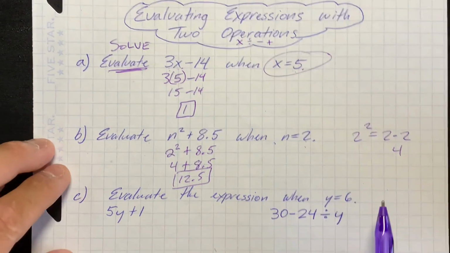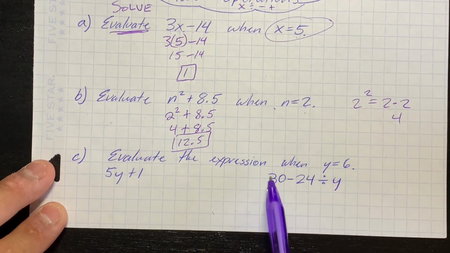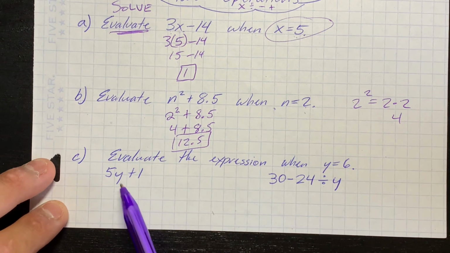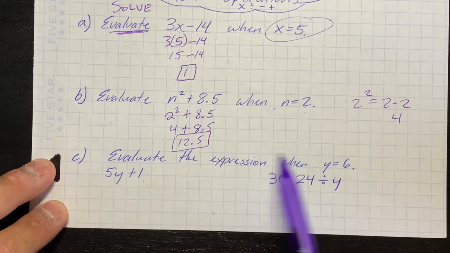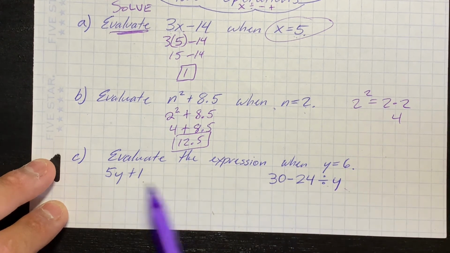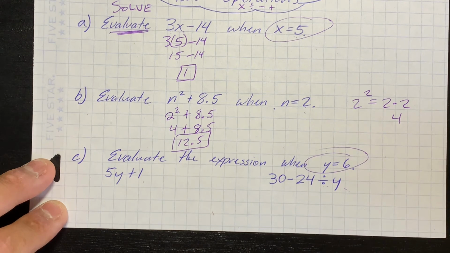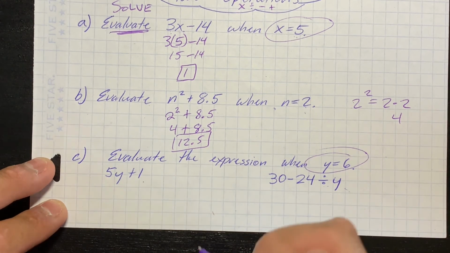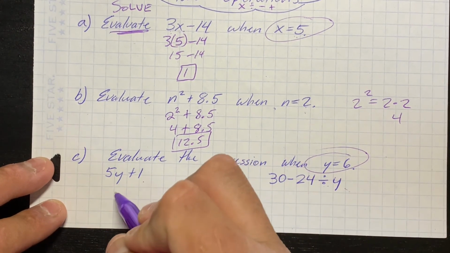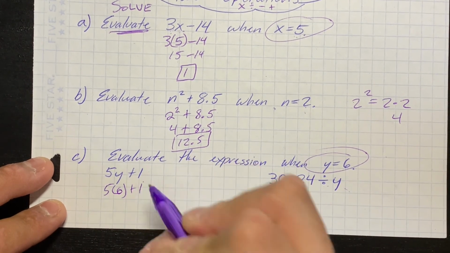All right. And lastly, we have to evaluate the expression, excuse my dog again, 5y plus 1 and 30 minus 24 divided by y. I have two expressions down here just to give us some extra work. But y equals 6. Again, we're going to substitute 6 for y. So 5y. So we're going to put 6 here for y. Put parentheses around it. Okay, there you go.